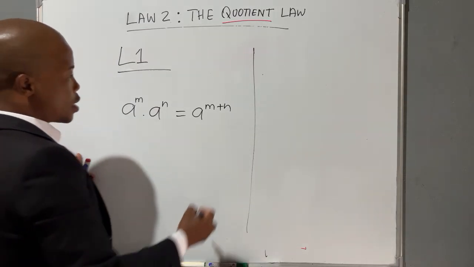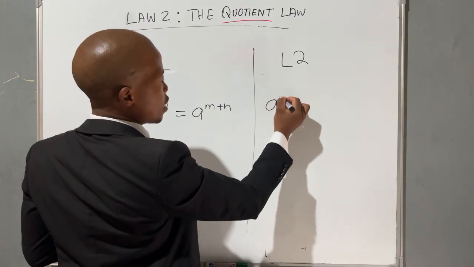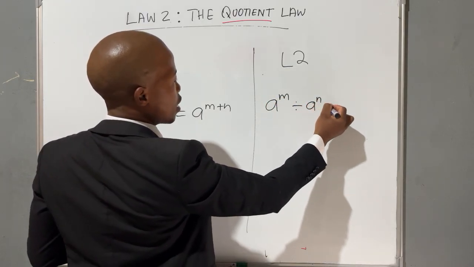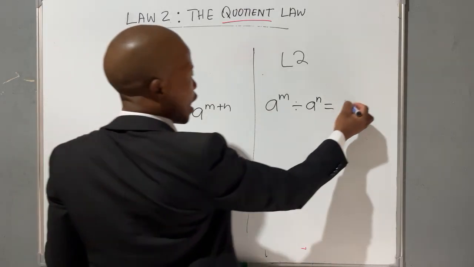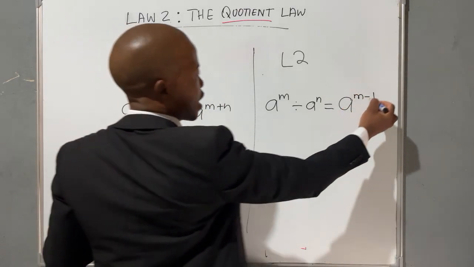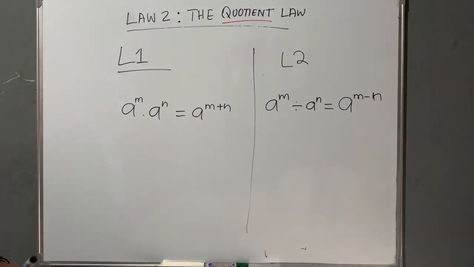That was law one, right? For law two, if you have a to the m divided by a to the n, then you would have a to the exponent m minus n, right?